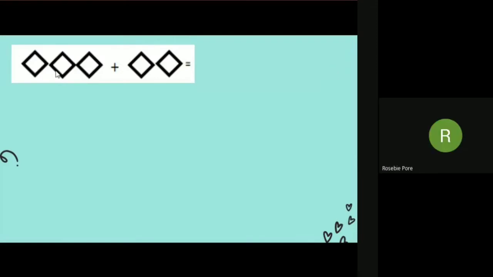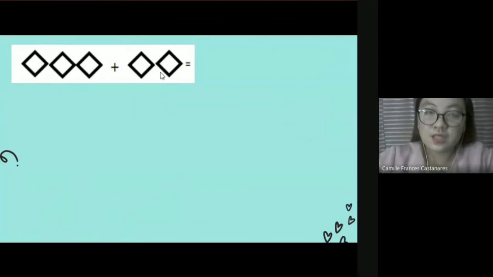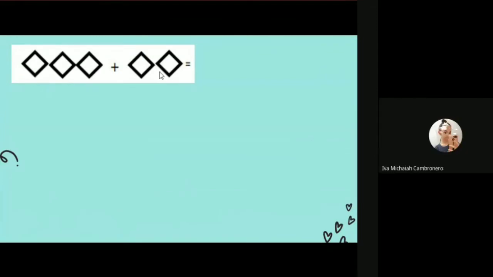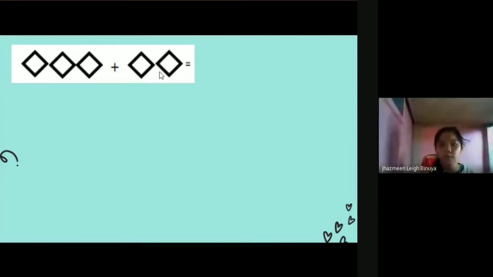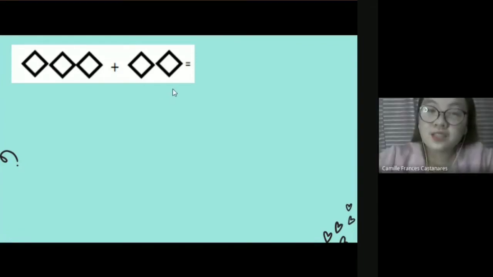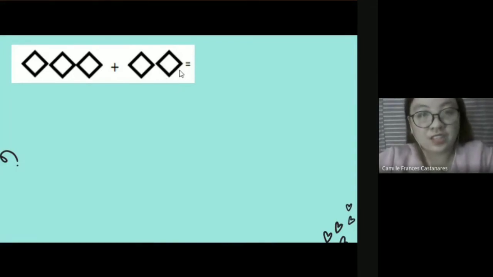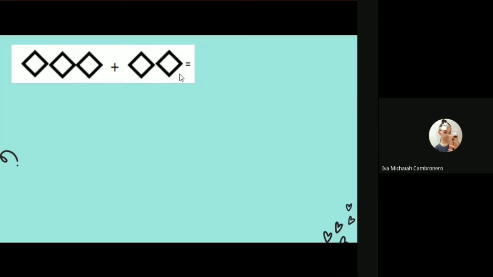Okay, positive 3. This is positive 3 and this is positive 2. Okay, again, this is positive 3 plus positive 2. So, meron ba tayong ika-cancel out dyan? Wala po.